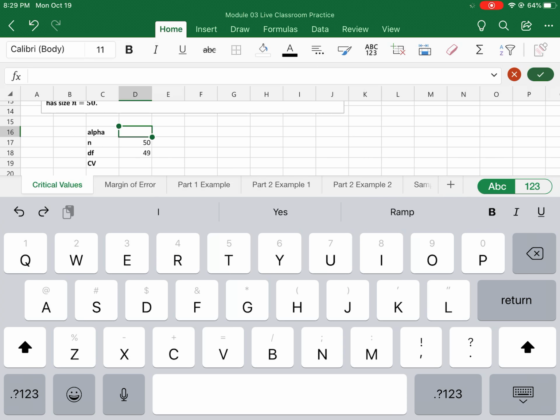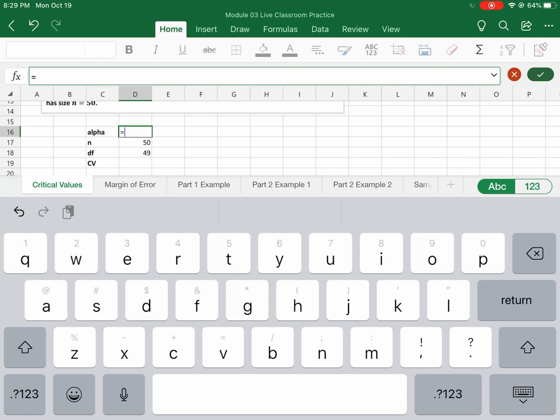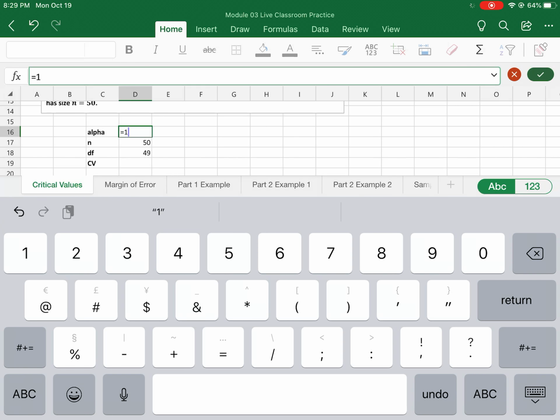Next thing you need to do is go ahead and compute your alpha. So again, you always have to do equals 1 minus, okay, and then I'm going to go parentheses. My confidence level I want this time is 99%, so 99 divided by 100.